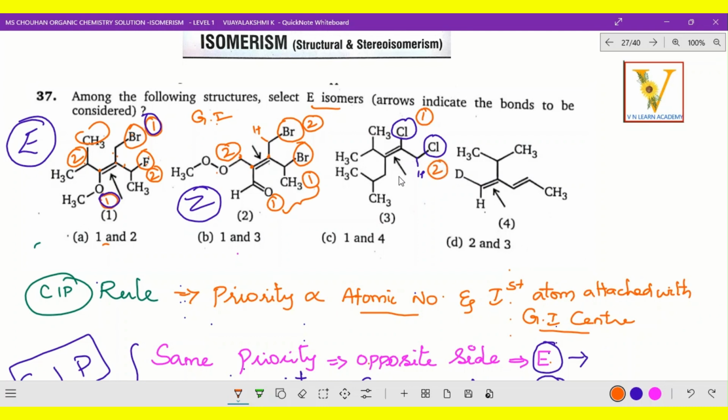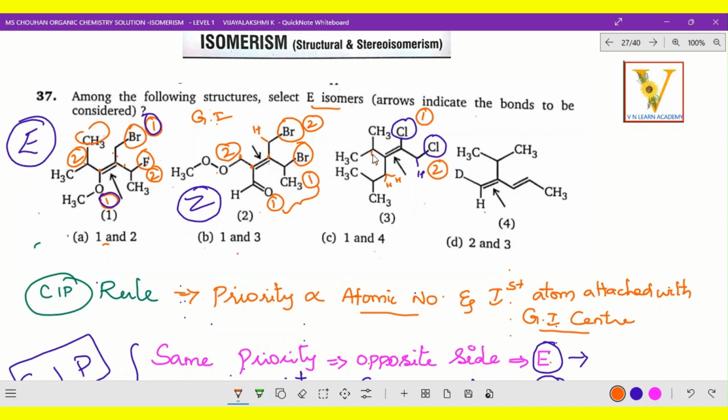Yes, come on. Now the next one, this CH3 is there. This is connected with CH3, but here what is it, CH3. So whom will you give the priority? Here hydrogen will be there. Of course, here also hydrogen is there, but here also carbon is connected with hydrogen. Here two hydrogens are there, here one hydrogen, here one hydrogen.